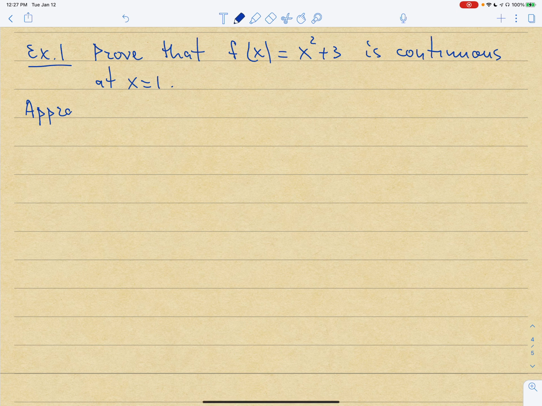Now there are two definitions that I can verify, so let's try to do both and see which one is easier.